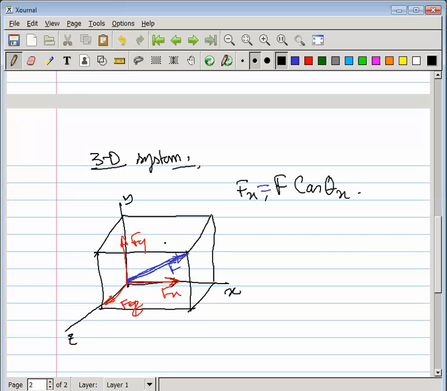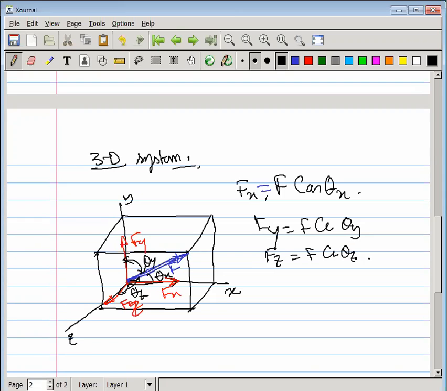It means the angle which is created here, that is theta x. The angle which is created here, that is theta y, and the angle which is created here, that is theta z. So similarly, Fy is nothing but F cos theta y, and Fz is equal to F cos theta z.